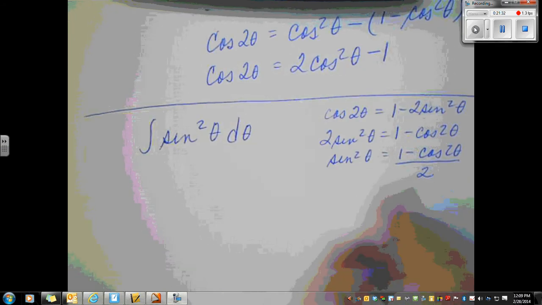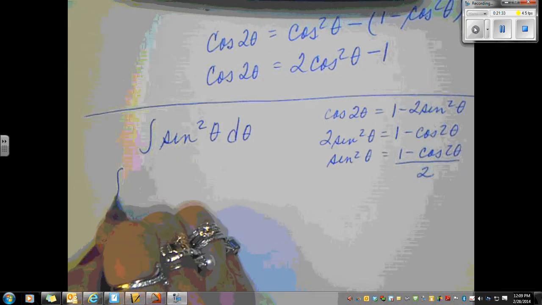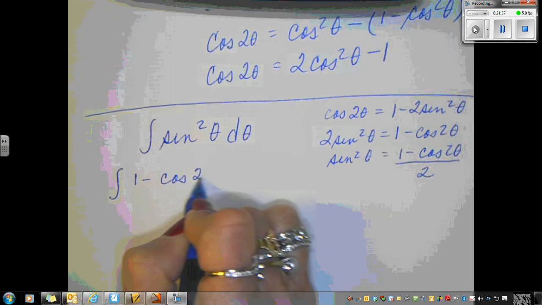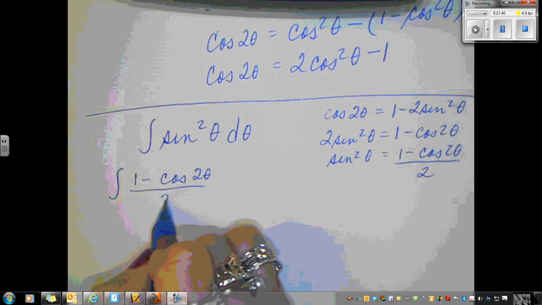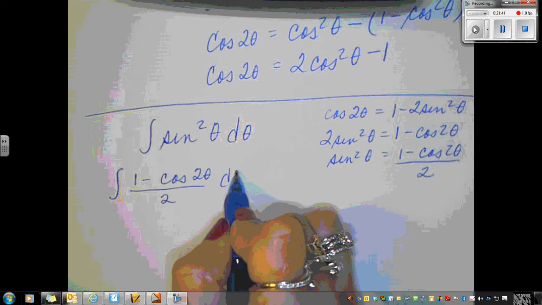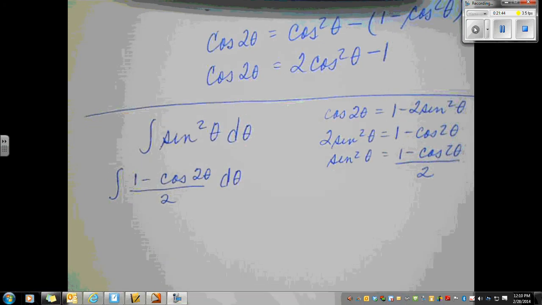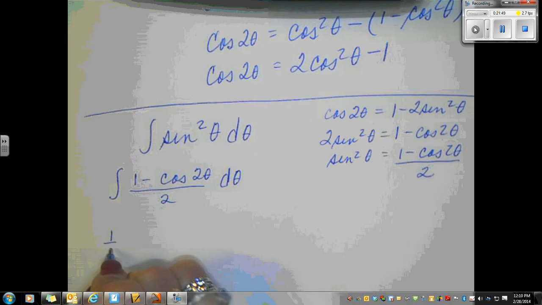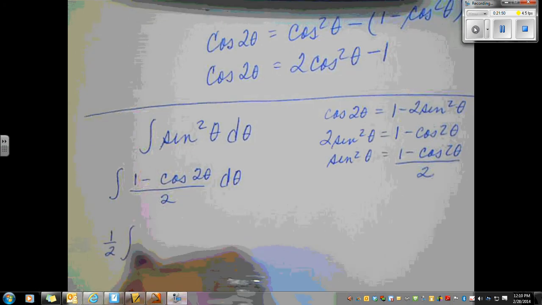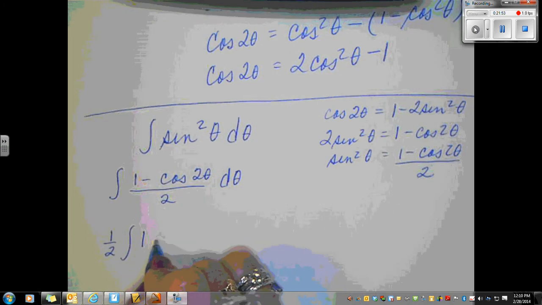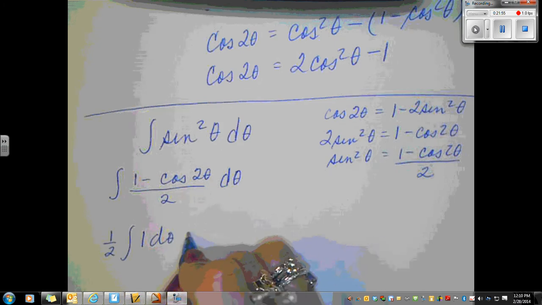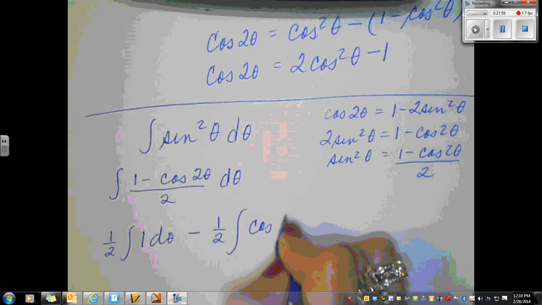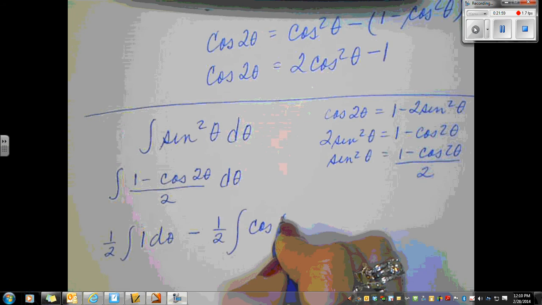So, now when I put this in here, I get the integral of 1 minus cosine 2 theta over 2 d theta. So, I could do this. I could say 1/2 the integral of 1 d theta minus 1/2 the integral of cosine 2 theta d theta.